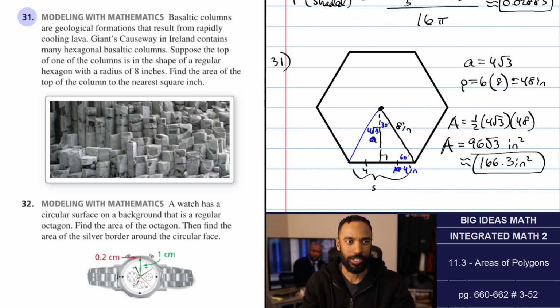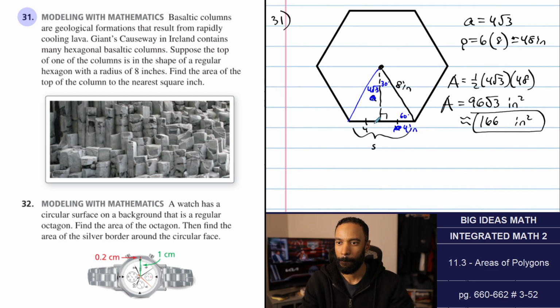Sorry, I have the little inches thing really close to the 166.3. Now it's a word problem, sometimes they say to the nearest square inch. I lost my page because anytime I go to the calculator, I have to flip off that portion. Oh, to the nearest square inch. Okay, so let me take out that 0.3. So good, now the space will look a little more appropriate. So 166 square inches.